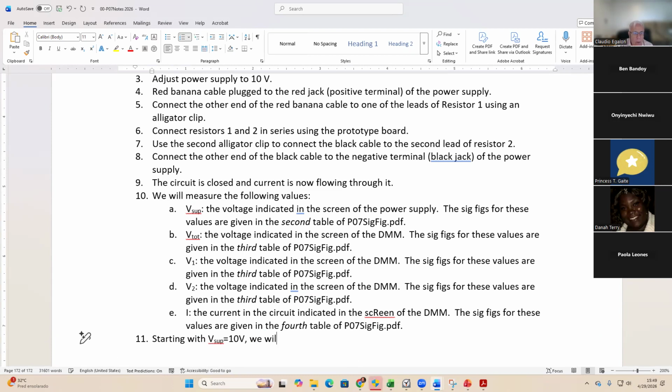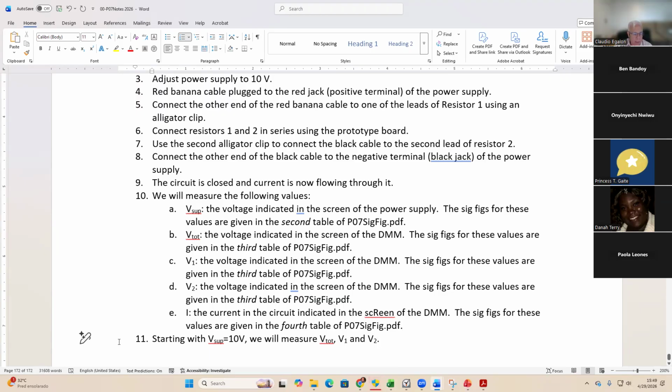We're going to measure V total, V1, and V2. That's what we do first.